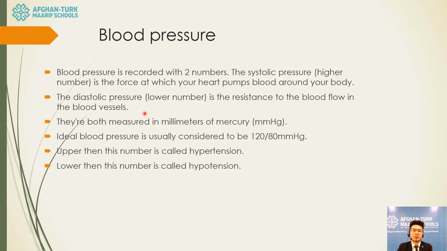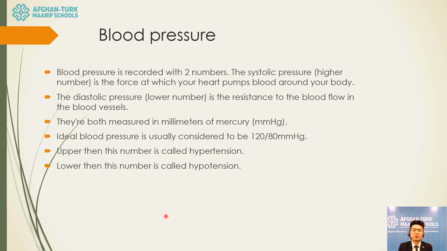The other thing we are going to talk about is blood pressure. Blood pressure is recorded as two numbers. The systolic pressure is the higher number, which is the force with which our heart pumps the blood all around our body, and the diastolic pressure is when the heart relaxes and the blood flows into the vessels.